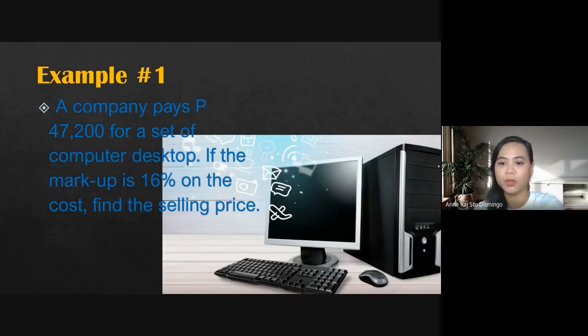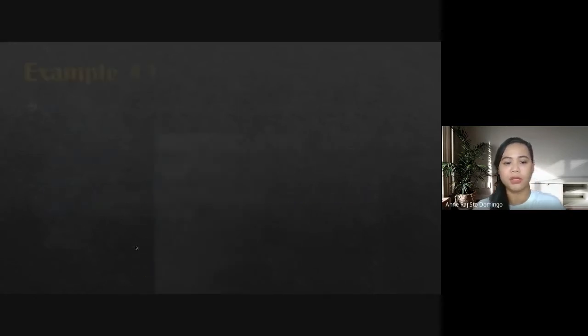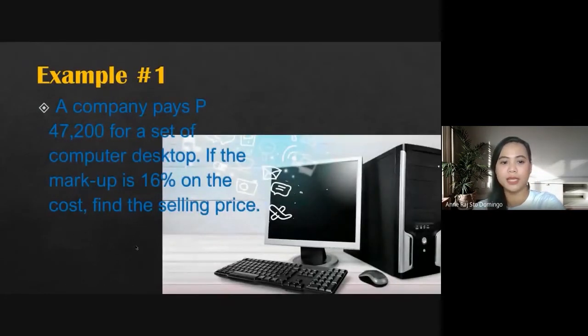Kenny, what are the givens in our problem? What are our givens? So, we have the cost and the markup rate based on cost. We have to get the selling price.